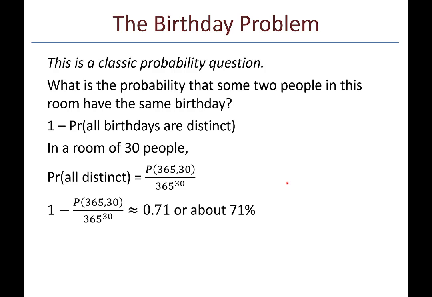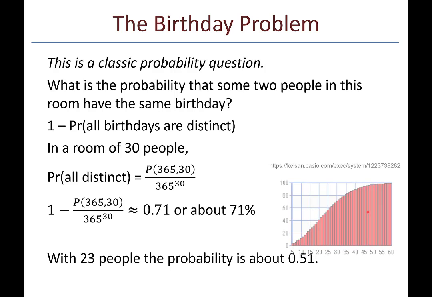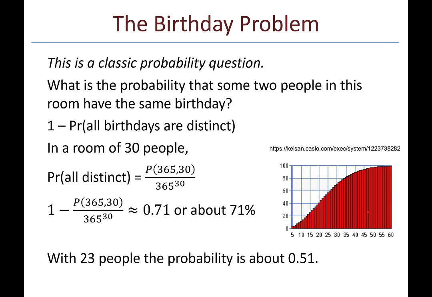And that's surprising to most people. The fact that in a room of 30 people, you'd have a 71% chance that some two people have the same birthday. It turns out that when you get to 23 people in a room, that's the moment when it just tips over 50%.